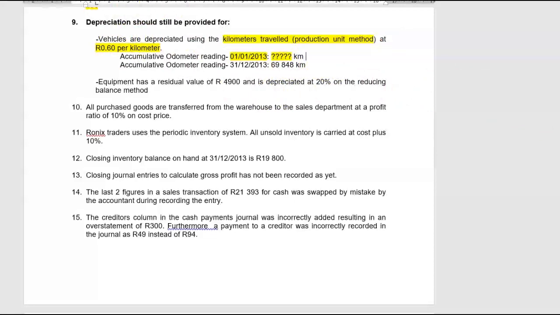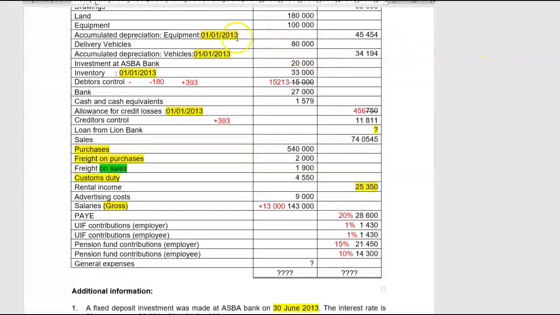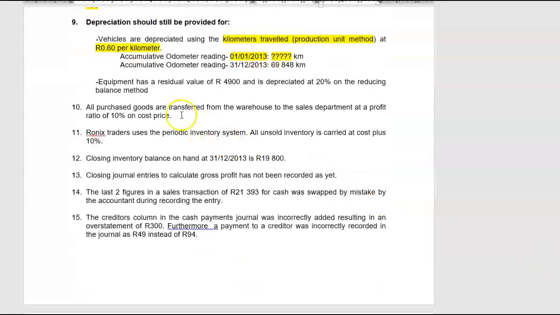Now guys, they tell us that the rate we're using is 60 cents per kilometer. We have our total accumulated depreciation as at the beginning of the year, 34,194. And we know that 34,194 equals 60 cents per kilometer.